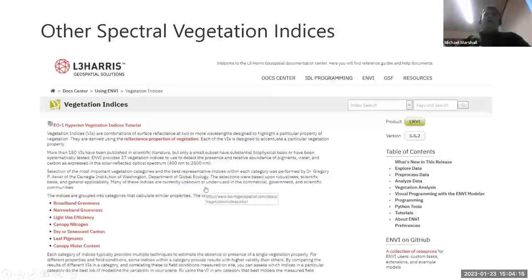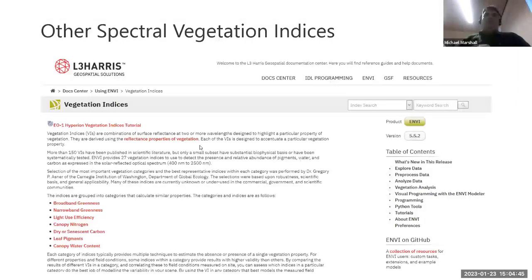But I also recommend, if you click on this slide, this will take you to a website. This is Harris. They develop ENVI and IDL. It's a GIS software. Maybe some of you are familiar with it. You have to pay for it, unfortunately. But the website is free. And basically, it shows you different indices based on what you're trying to estimate.